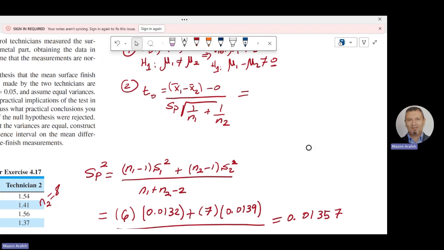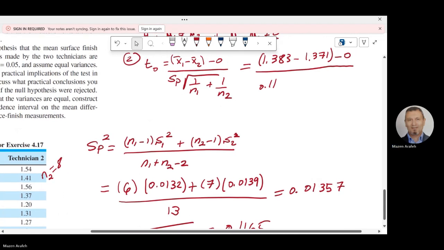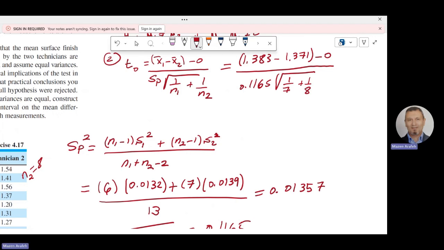The mean of the first sample is 1.383 minus 1.371 minus 0, and we divide by the pooled standard deviation, which I just calculated, 0.1165, multiplied by the square root of 1 over n1, which is 7, plus 1 over 8.